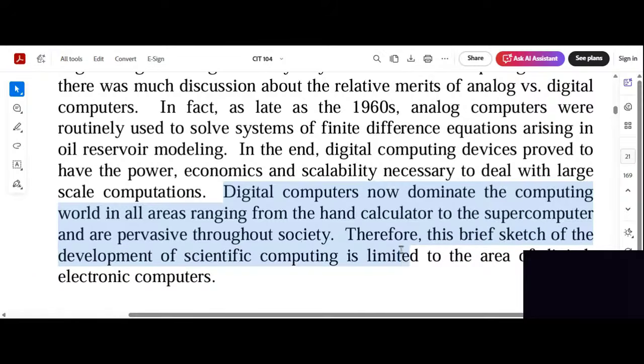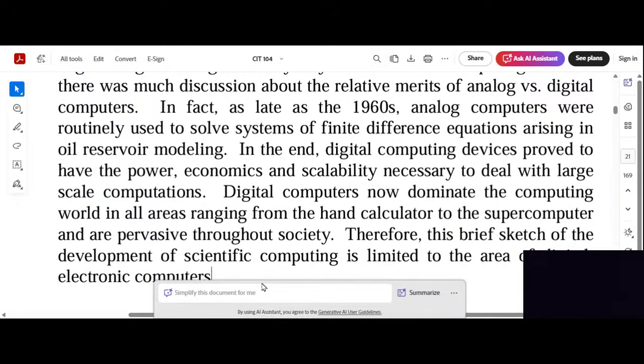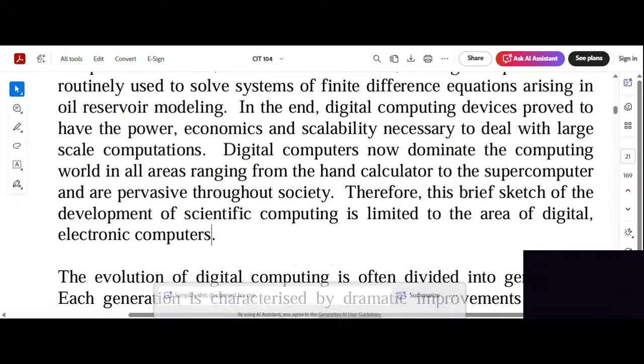Therefore, this brief sketch of the development of scientific computing is limited to the area of digital electronic computers. What we're trying to say is that there was a kind of debate, a kind of quarrel between analog and digital computer. Eventually, digital computer won the race, and now it's what we are using everywhere.